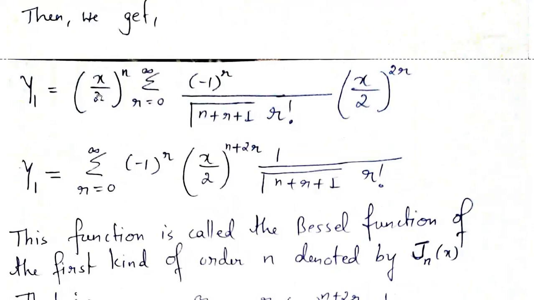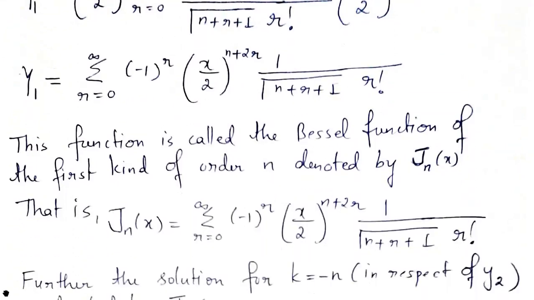So now in the next step what I will do is I will take this x by 2 whole power n inside this summation. So I get capital Y1 equal to summation r from 0 to infinity minus 1 to the power r into x by 2 power n plus 2r into 1 by gamma of n plus r plus 1 into r factorial. Now this RHS here is called as Bessel function of first kind of order n.